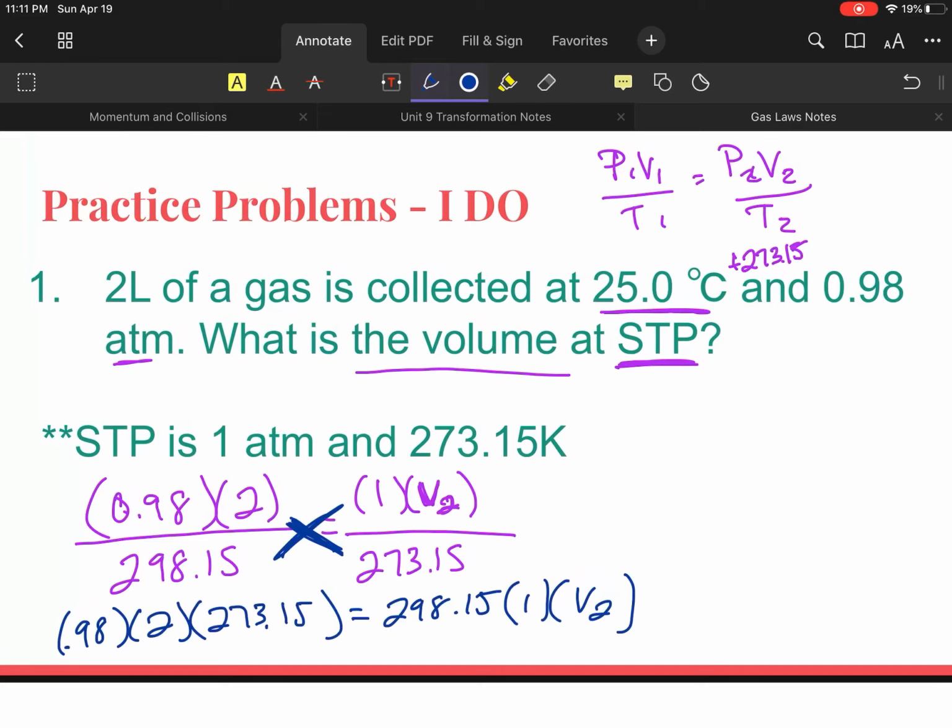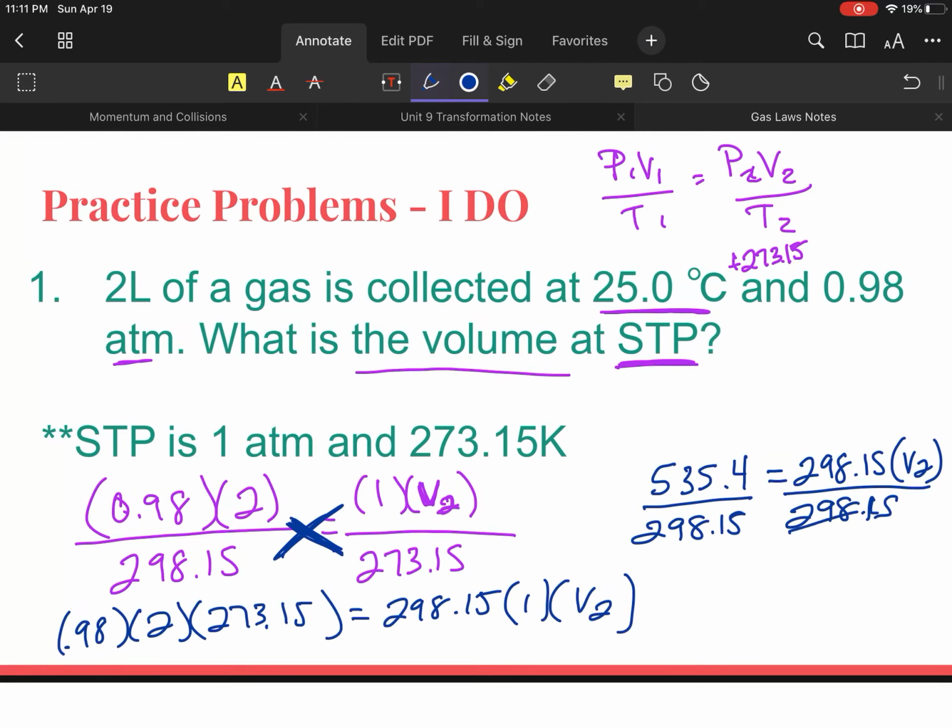So if I multiply all that out together, on my left side I end up with 535.4. And then on my right side, it's just 298.15 times my V2. And if I need to get my V2 by itself, I can just divide by 298.15. So those cancel out. And I can just type it in my computer or my calculator.